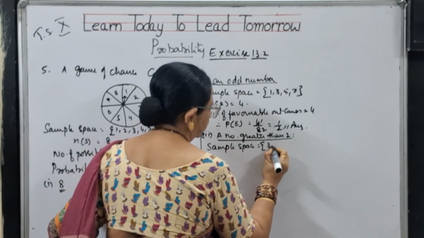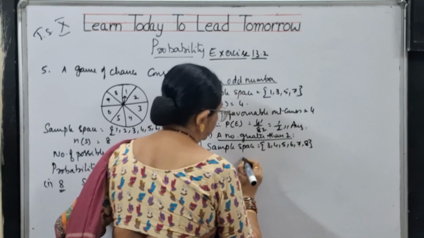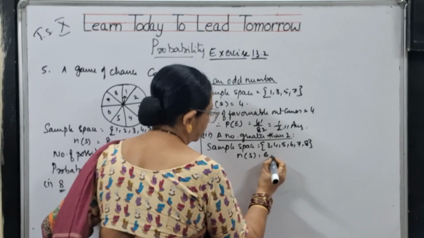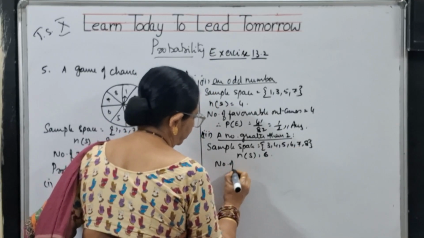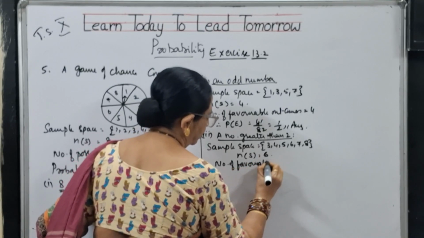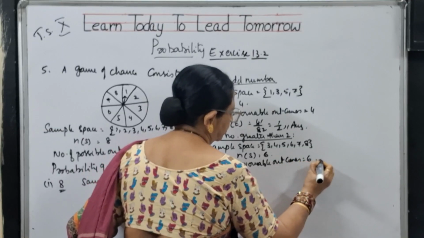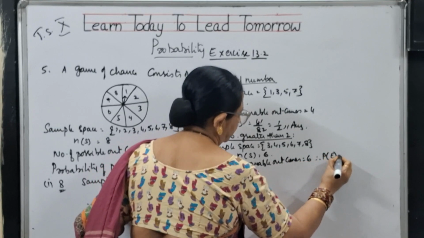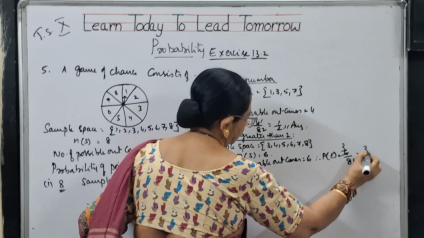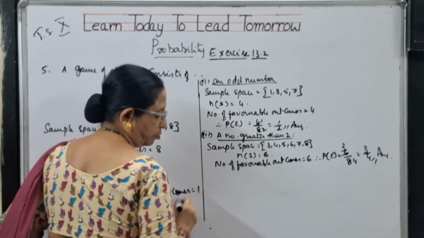A number greater than 2: 3, 4, 5, 6, 7, 8. So what is the count? 1, 2, 3, 4, 5, 6. So number of favorable outcomes is equal to 6. Therefore, P of E is equal to 6 by 8. 2 3s are 6, 2 4s are 8, so 3 by 4 is the answer for this third bit, children.